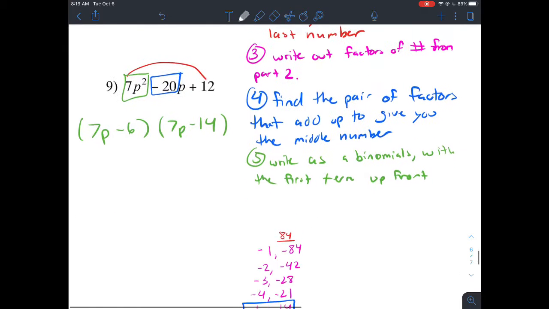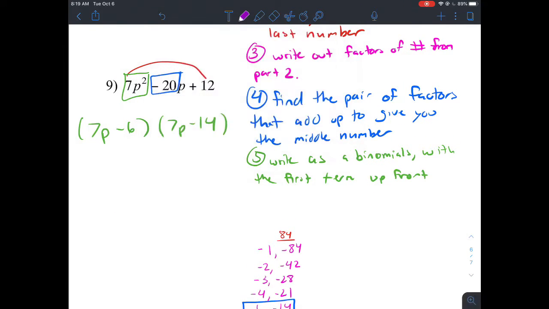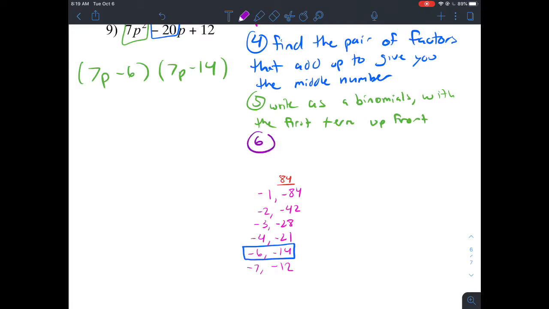All right, then the next step is factor out the greatest common factor out of one or both of the binomials. All right, so I look at these.